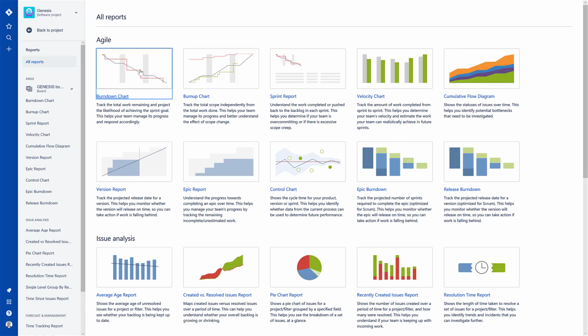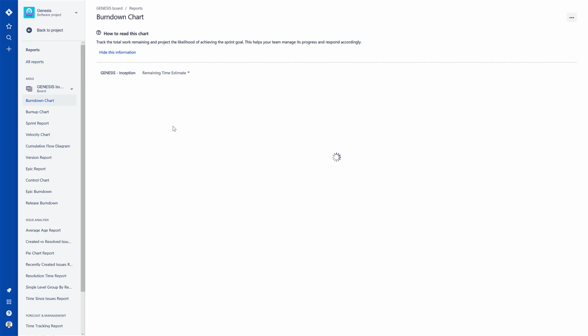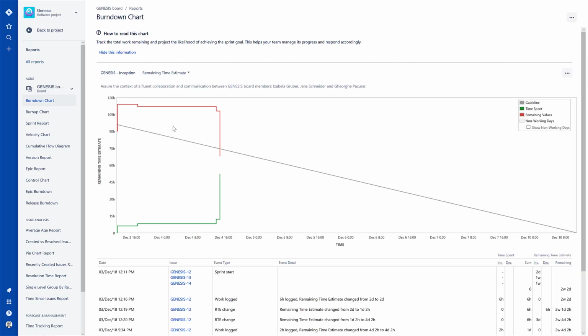We take, as usual, the burndown chart. And look here, 1 week was already solved. What does that mean? That we are under the ideal evolution of the project.